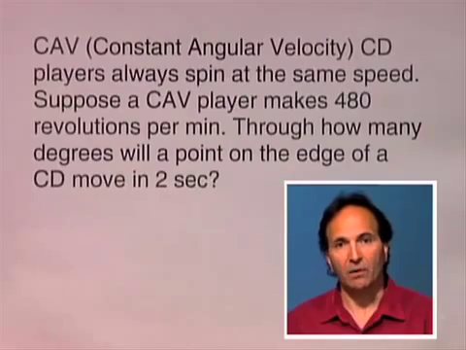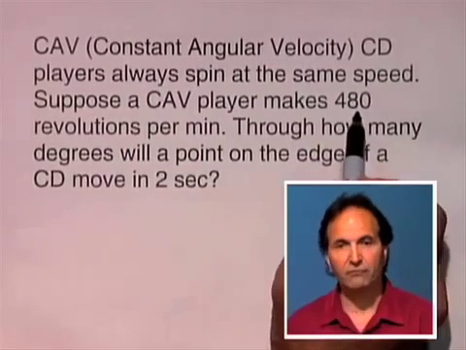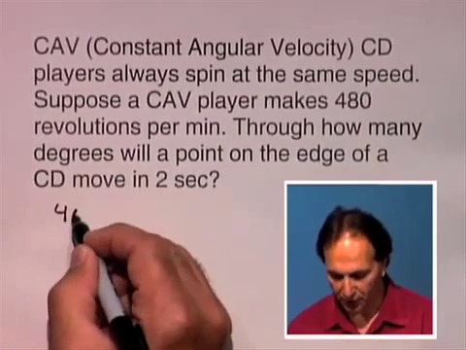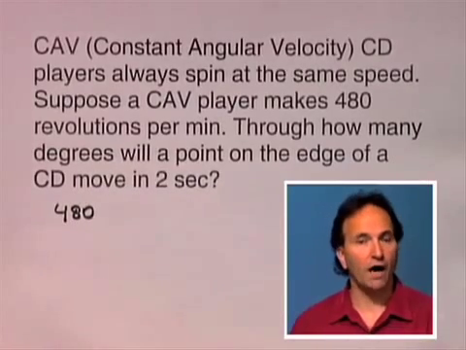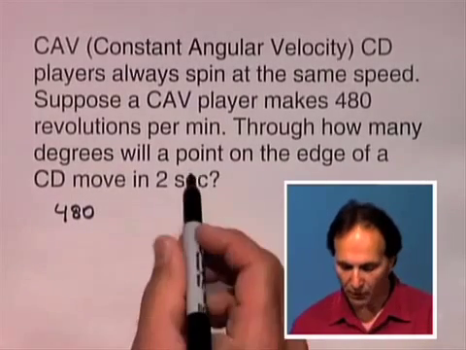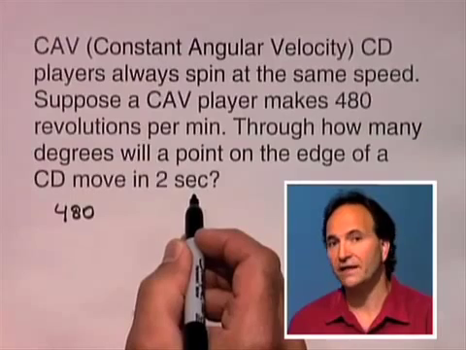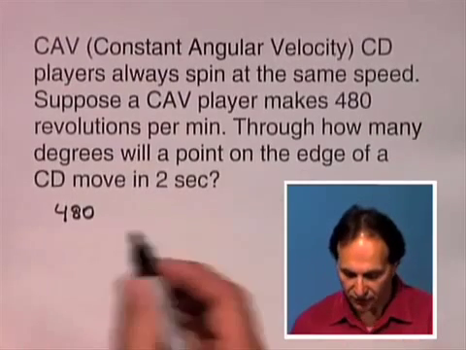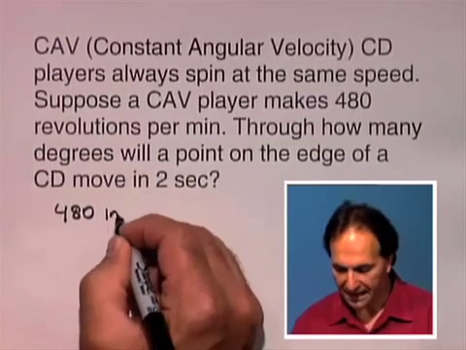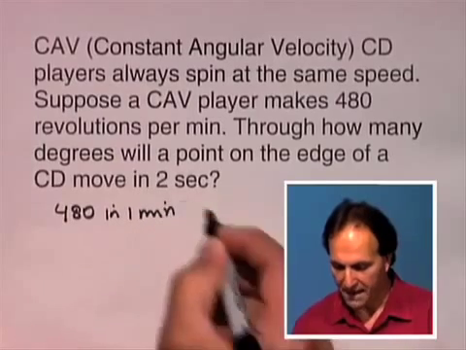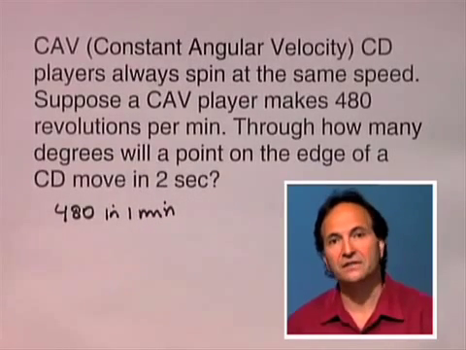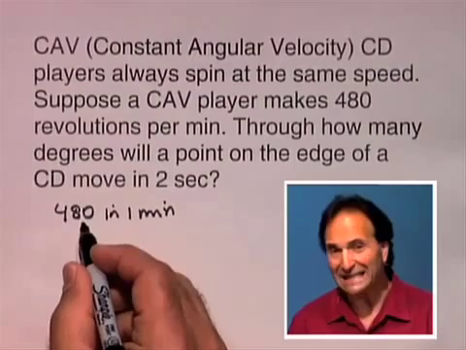To begin this problem, we'll start with the number of revolutions it makes per minute, which is 480. But what we're interested in is converting that into seconds. So if we have 480 in 1 minute, then we would have to divide this by 60.